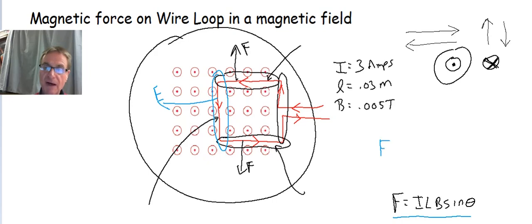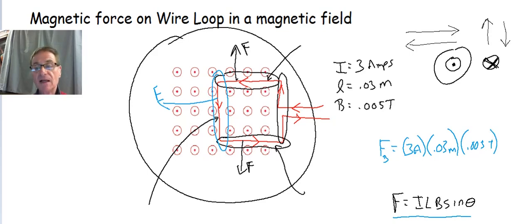So if we plug the values into our equation, I is 3 amps. F equals ILB sine theta. The length, we said, is 3 centimeters or 0.03 meters. B is 0.005 Tesla, and like we said, theta is 90 degrees. The sine of theta is therefore 1.